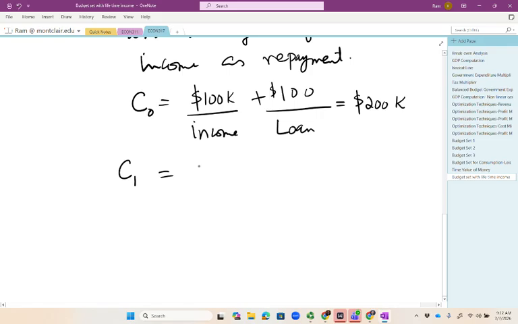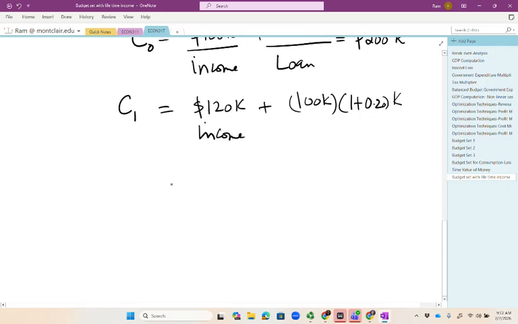So C1 will be 120K, which is the income, and the 100K which he has earned while working multiplied by 1 plus r, 0.20, and that's the amount the consumer can get when retired by saving all the income while he is working. So this turns out to be, so this is the savings.